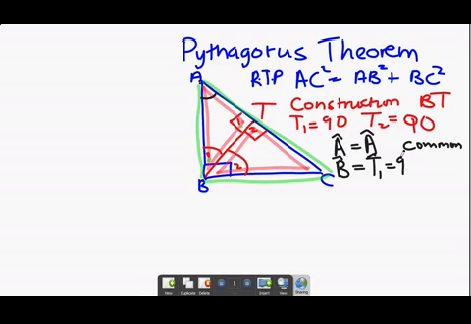So B is equal to T1 is equal to 90 degrees, and the reason is they are given. Once we have done that, we are now saying, okay, fine, the remaining angles are supposedly equal, because if two corresponding angles are equal, then the third angles are also supposed to be equal.